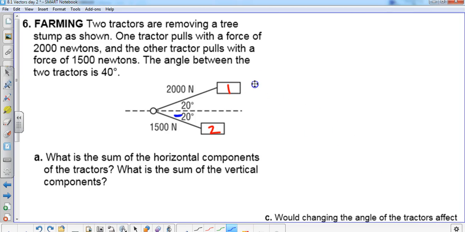Josh, did you get the components for tractor 1 or not? Cole, did you type them in? Igor, do you have tractor 1 done? Yep. Which made it, did you type them in already or not?